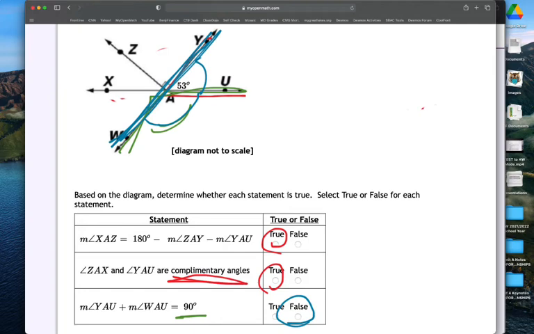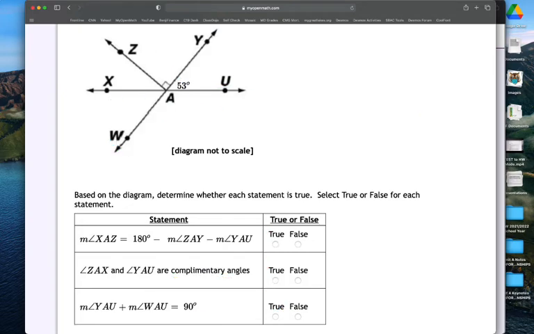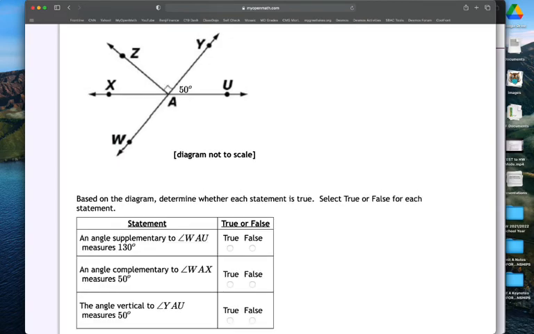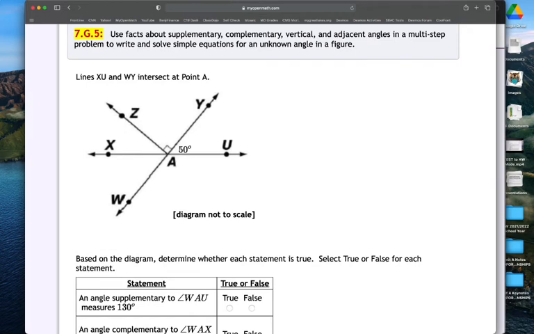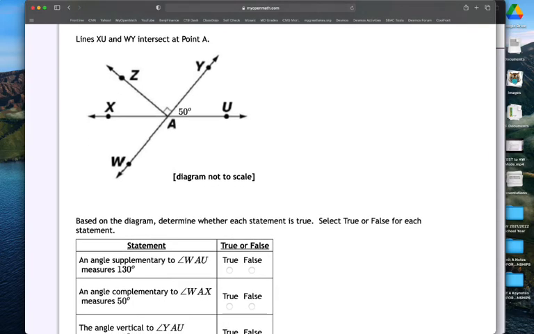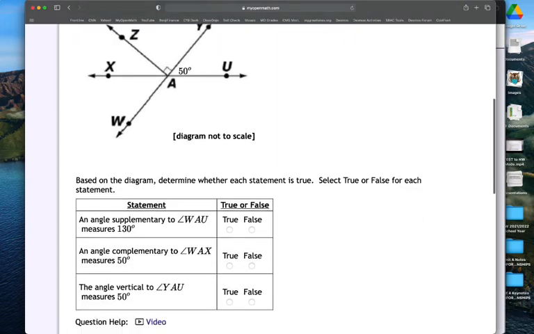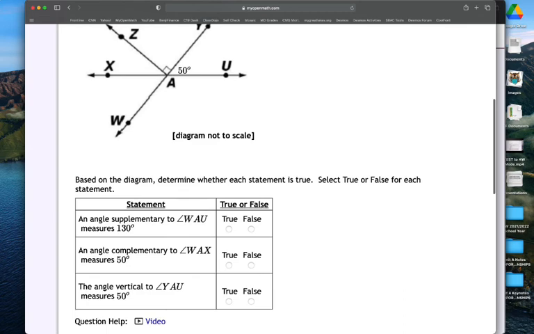So that's how you would deal with a problem like this where you're trying to figure out whether statements are true or false. In the standard 8.G.5, where we are asked to use facts about supplementary, complementary, vertical, and adjacent angles to solve problems, we may be presented with a problem like this, where we have line XU and line WY intersecting at point A, and we're given the fact that angle YAU is 50 degrees, and we're asked questions like these.